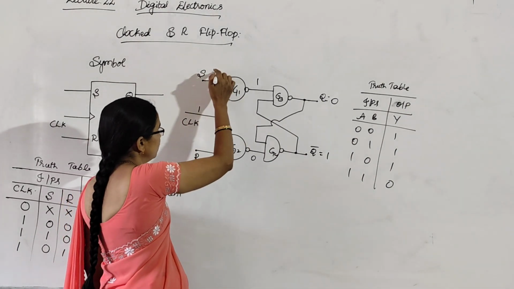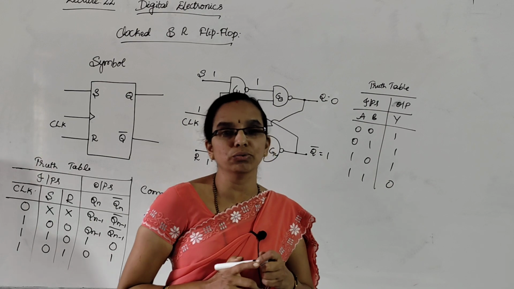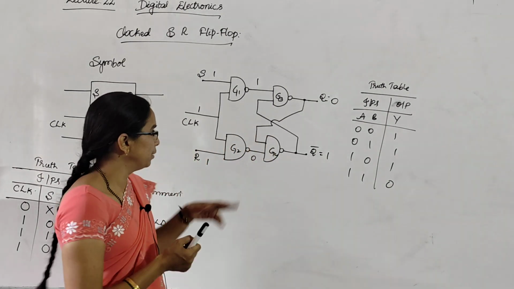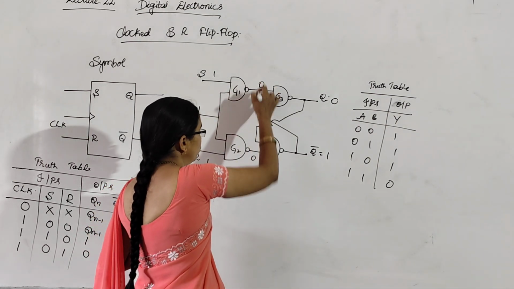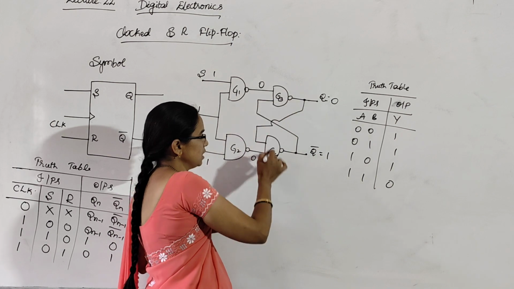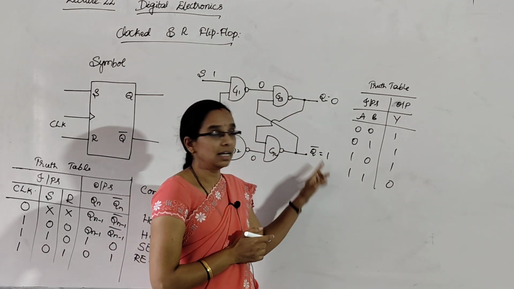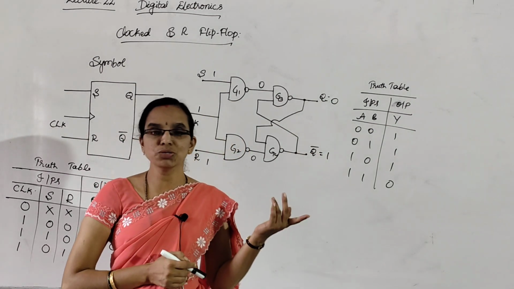Whenever the clock is high, S is 1 and R is 1. When S is equal to R is equal to 1, what will be the condition? That is an invalid condition. Why? Because both the outputs of G3 and G4 are trying to be 1. As these are complementary outputs, both cannot be 1. That is one reason.